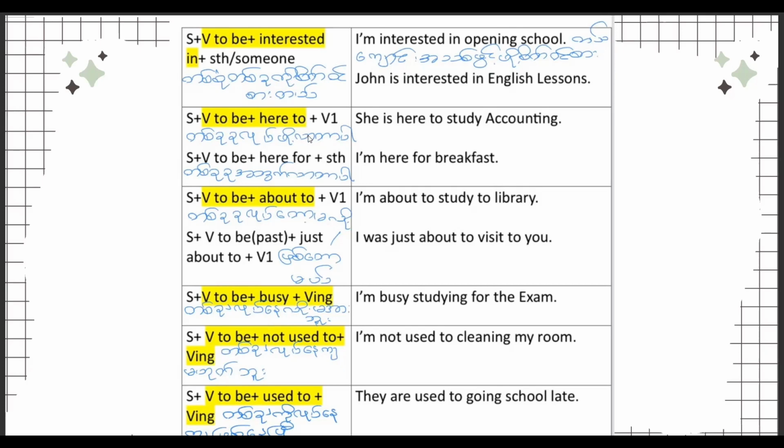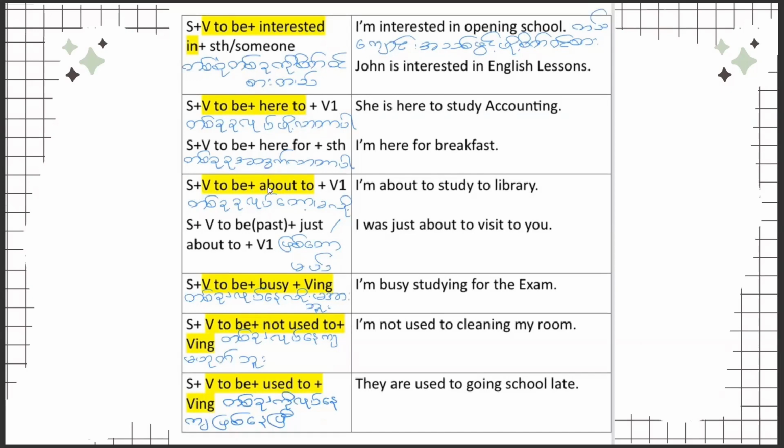Study is verb 1 and accounting is the object. So she is here to study accounting. And then, I'm here for breakfast. For plus something; breakfast is included in things. Things means objects, not people or living beings, so we can say breakfast in the something position. I'm here for breakfast.